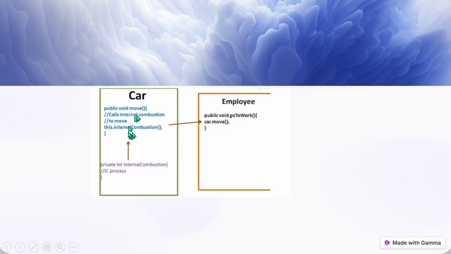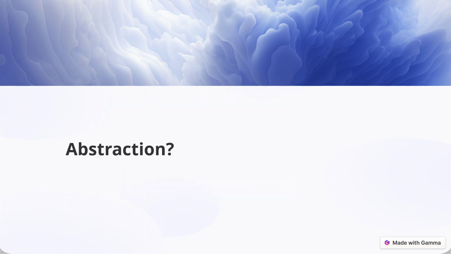How the move method is implemented, and if tomorrow the class they have written changes its internal logic, even if the method calls some other method or the implementation changes, it is totally hidden from the end user. We are not bothered about that. That implementation is not dependent on us. It is independent. It can be changed. It can be hidden. This is the hiding concept that will come. So this is the encapsulation example.